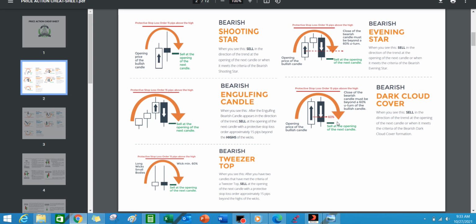Okay, so this is it. All of a sudden you have a bullish candle pattern like this. Then you have a bearish candle pattern with the body starting from this part of the bullish candle, and also pulling downward below the bullish candle.